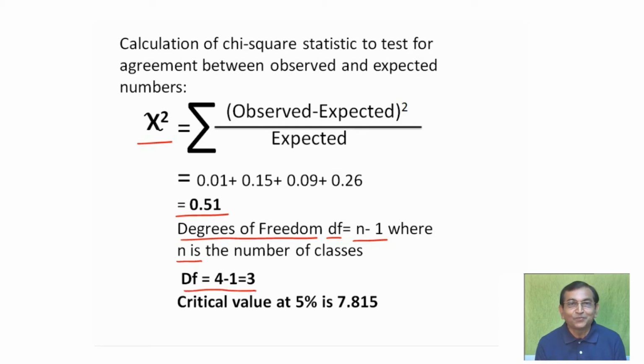Now at 3 degrees of freedom, the critical value at 5% level is 7.815. Now 0.51 is much less than 7.815.